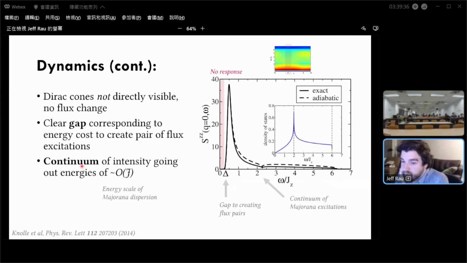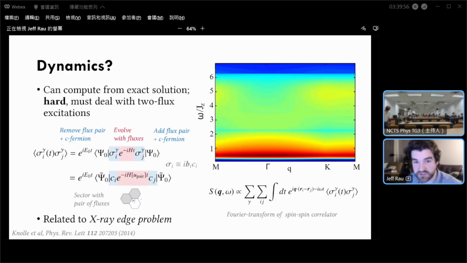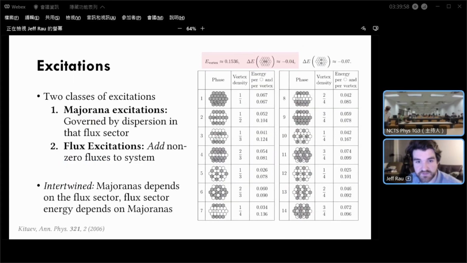Right. So here the flux excitations don't have a bandwidth per se. In the pure Kitaev model, the flux excitations are actually static. So they're not dispersive in any way. And so individual flux excitations can have different energies. So for example, if I have an isolated flux excitation, I pull two of them very far apart, it has one energy.